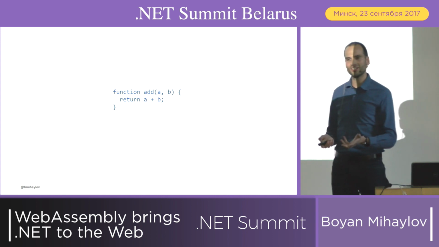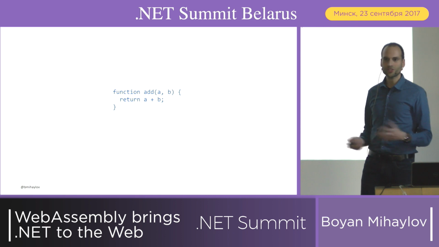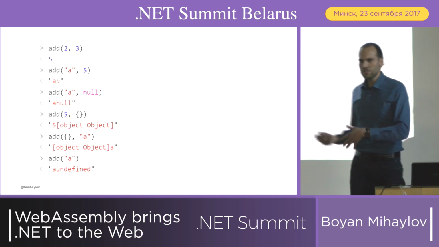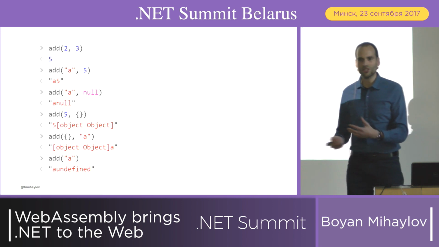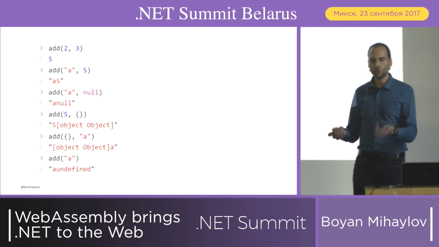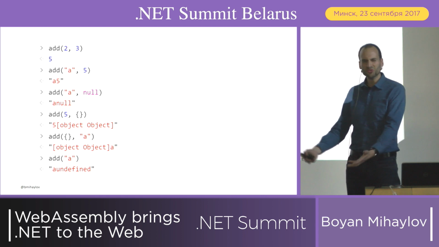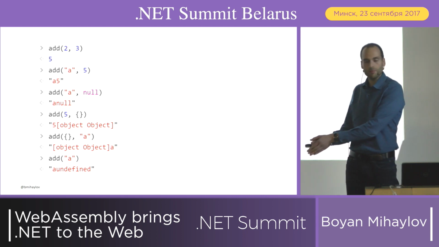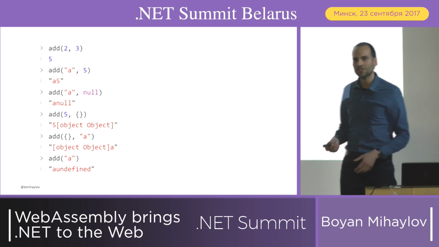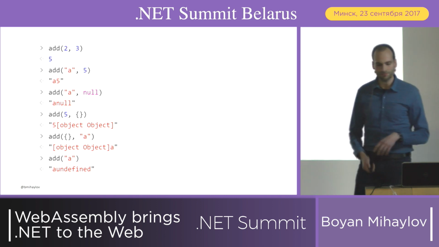And the virtual machine has to check all the different possibilities. So we can maybe add a string to a number, maybe a string to an object. These are really weird cases that you don't really expect to happen, but in practice they could happen. So the virtual machine has to take care of all these things.